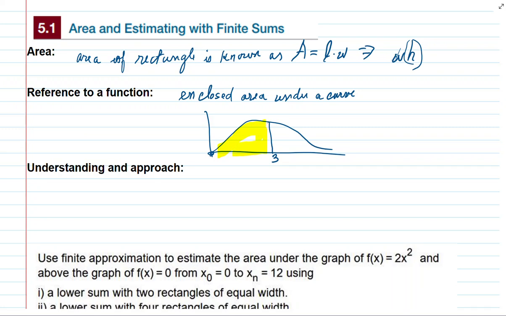Well, the concept was to find rectangles with an equal distance. The more rectangles, the more accurate, because either left in or right in, which we're going to get to, we're forcing rectangles to take place.